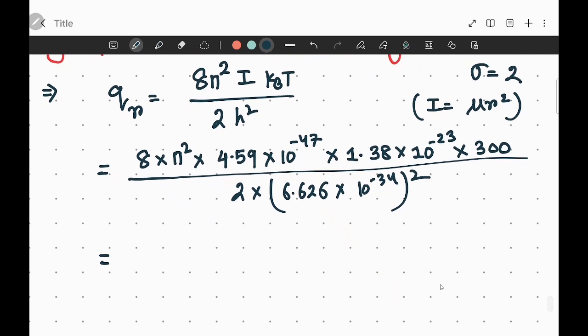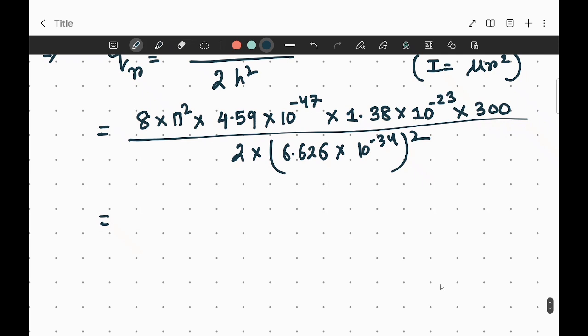So what would it be? 8 pi square, 4.59, 1.38... 17.24. Let me also check it. I don't know the answer. No, it's not matching.